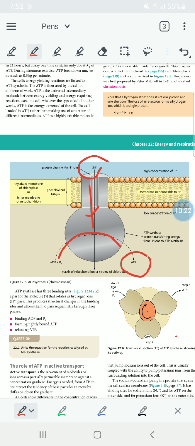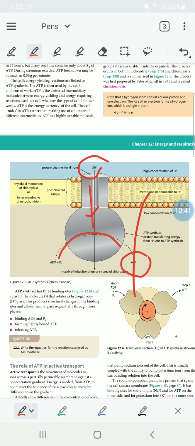This produces structural changes in the binding sites and allows them to pass sequentially through three phases: binding ADP and Pi, forming tightly bound ATP, and releasing ATP. Right? So those are the three steps that are involved here.